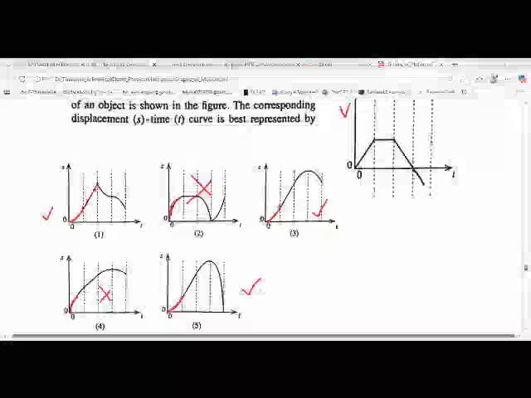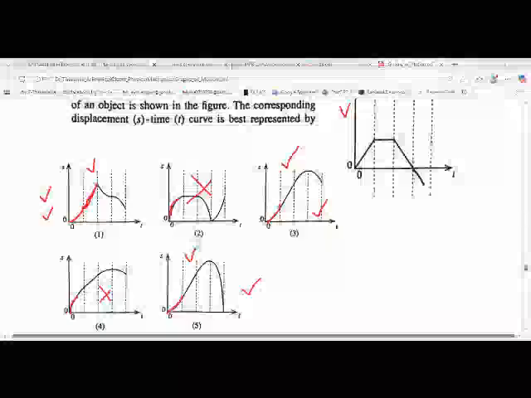Okay, here you can see a straight line, angled, a straight line. It's okay. The first one, correct. Here also correct, straight line. If you consider this, it is also a straight line. It's also correct. Okay.